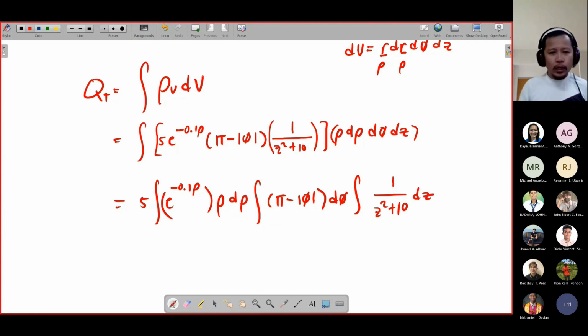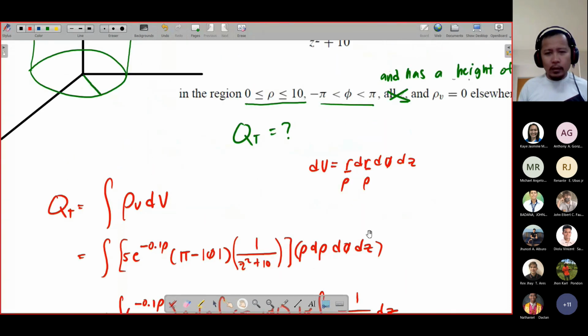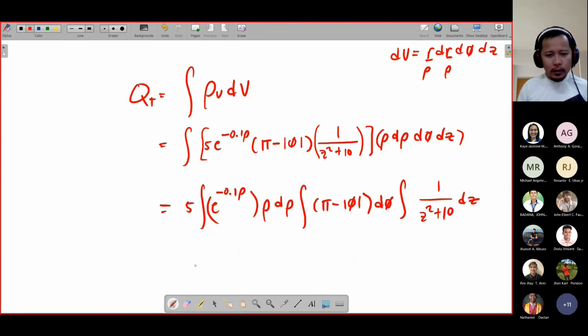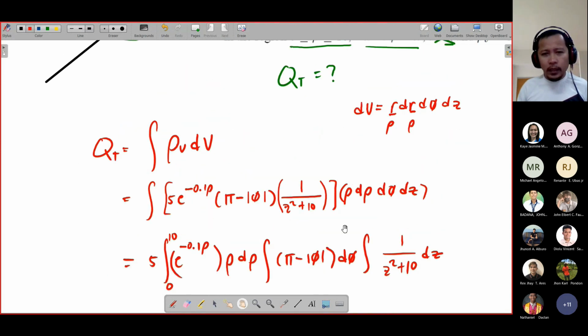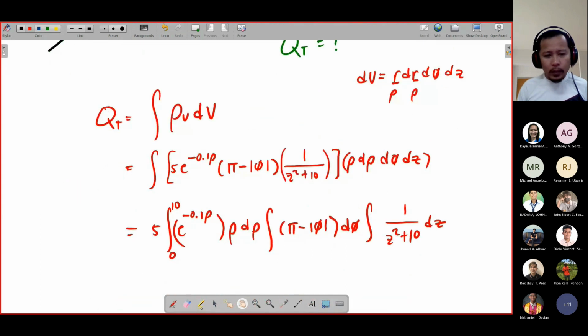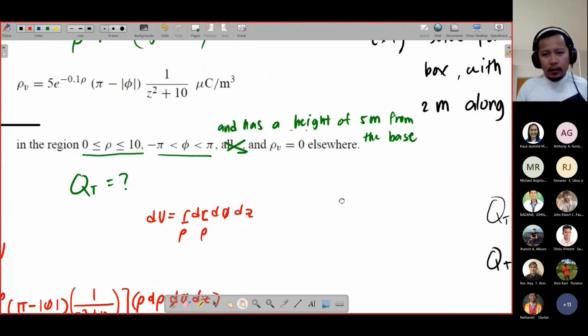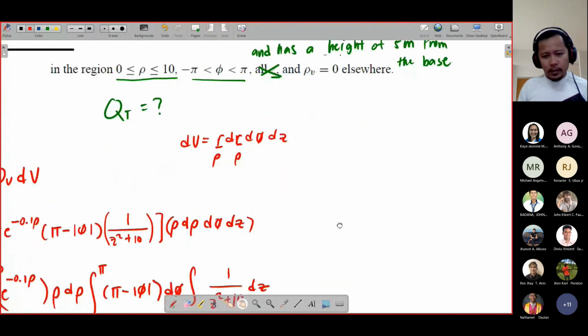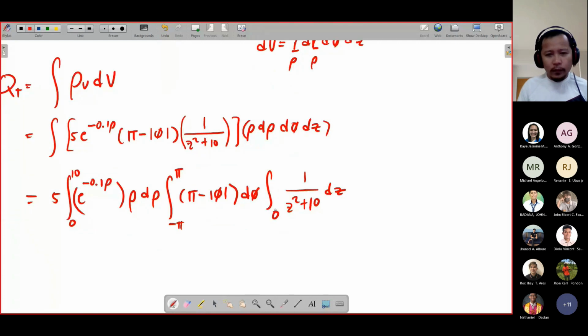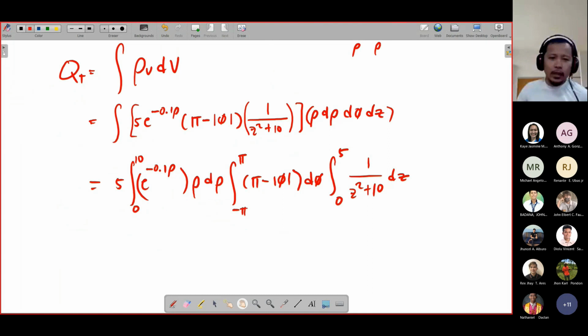The limits: rho is 0 to 10, phi is negative pi to positive pi, and z is 0 to 5 since the height is 5 meters from the base. What's left is to integrate and then apply the limits.